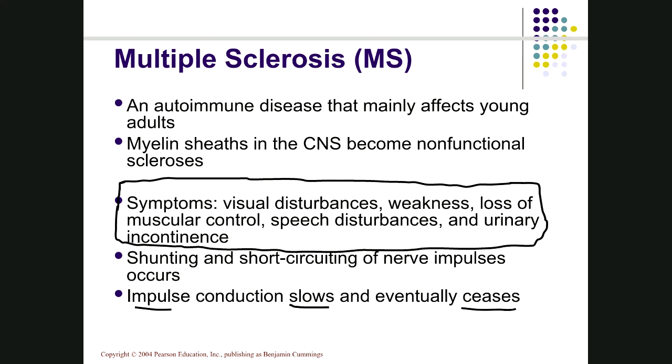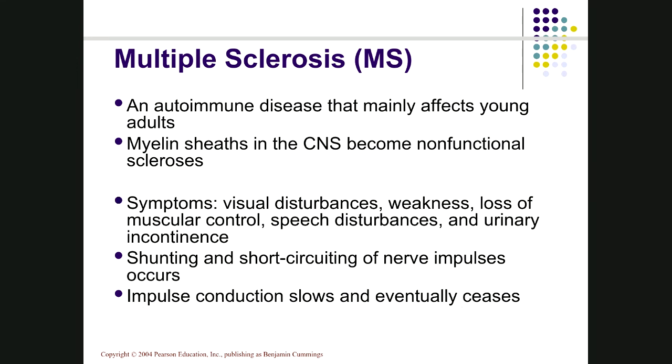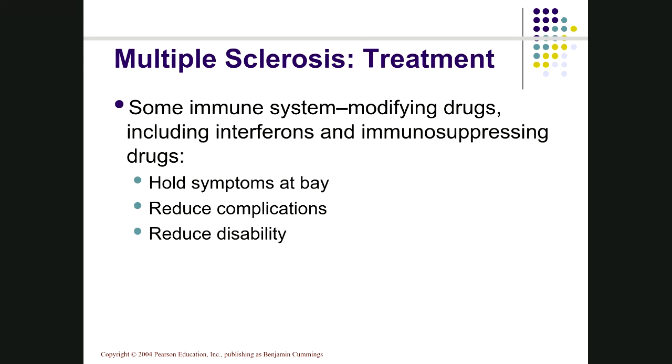And if you stop talking to those organs, then those organs don't do anything. And so as multiple sclerosis progresses, you get muscle weakness, loss of muscle control, speech problems, visual problems, and you wind up with things like incontinence. There are some treatments, but they're not a cure.